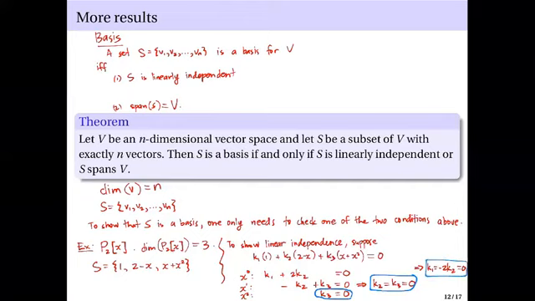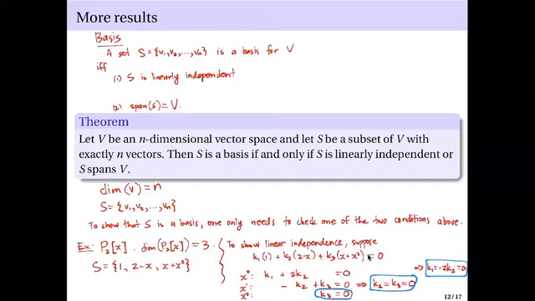Okay? So all these coefficients, all these scalars, k1, k2, and k3, are 0. So this set is linearly independent. Okay? So just write that conclusion.